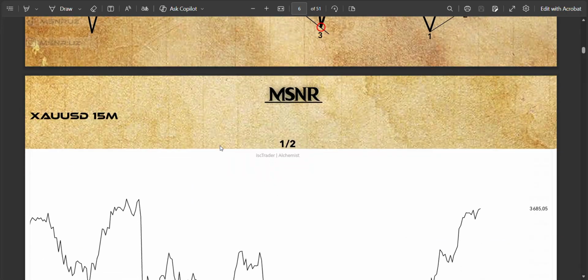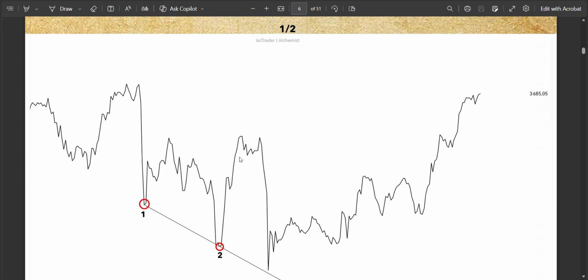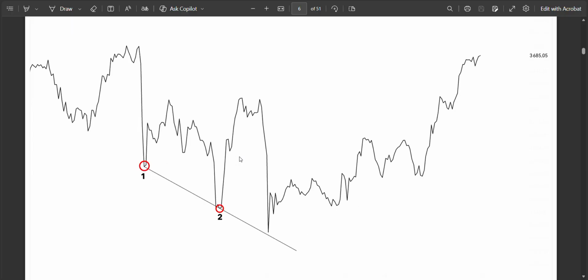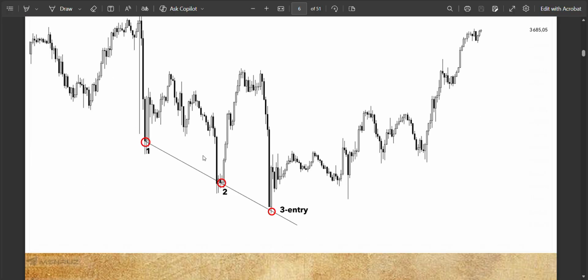And now, on MSNR, an example on gold, 15 minutes, you can see it like this way, how the market comes to this area here, and then boom, it goes directly. Also, the second one, when you come to candlesticks, you find it like this one: first touch, second touch, and then this is how it is.